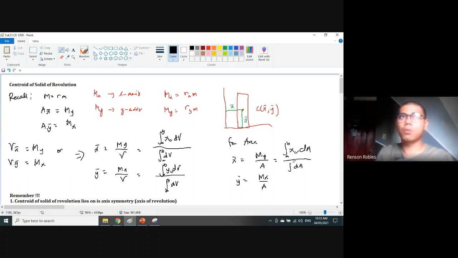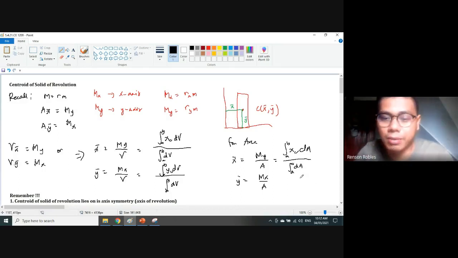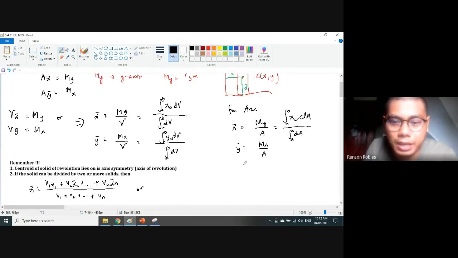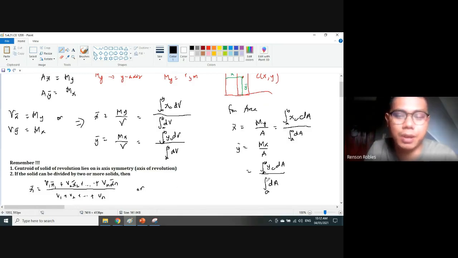This is how we compute for the area of that region evaluated from A to B. Whereas bar y is equal to the integral of yc times the differential of area evaluated from A to B, all over the integral of differential of area evaluated from A to B. That's moment in x over the area.